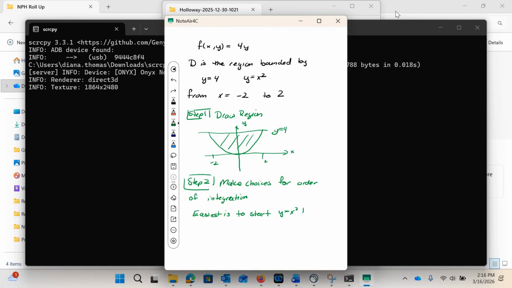This is kind of reminding me of when we did the washer method. It's very similar, and it's also similar to the area between two curves. So somebody noted that. So you're shooting this way. Vertically, you're going out, starting in at y equals x squared and exiting out at y equals 4.